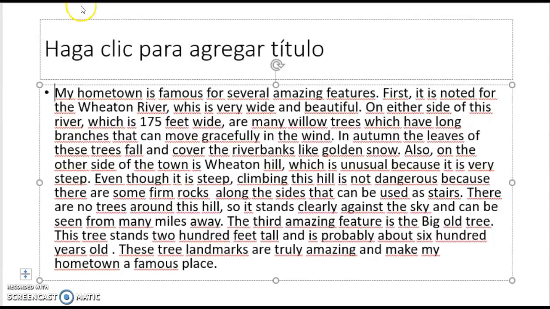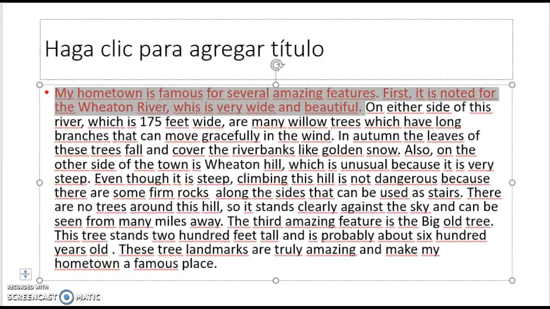The topic sentence will be in red. So we are going to change the letters in the topic sentence to red. You can see that that is a topic sentence.